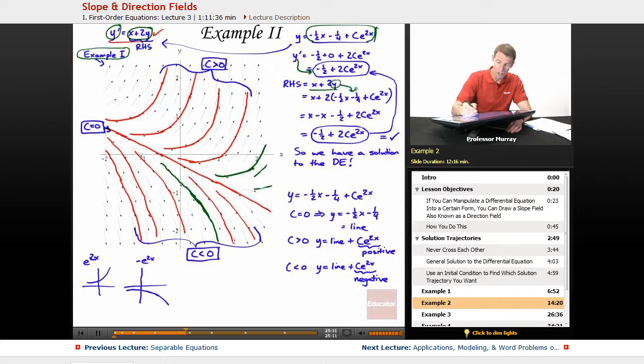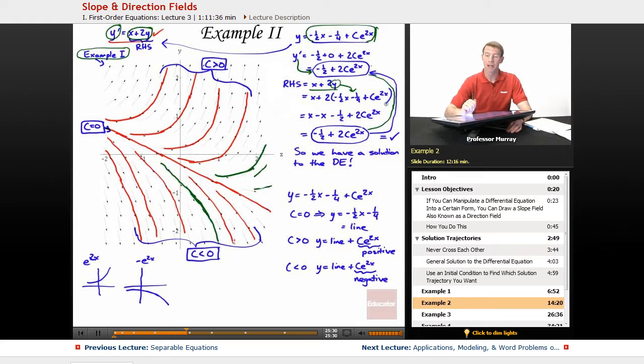I simplified it down, and lo and behold, it did check. I did get the same thing as we got up here for y prime. It's nice that those two things did check each other out. That shows that we do have a solution to the differential equation.